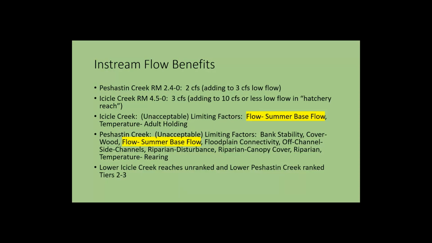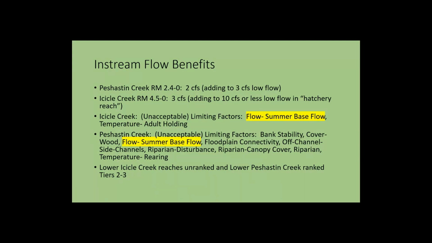One thing that is interesting to us, and I think it's a quirk in the prioritization strategy, is that currently the lower Icicle reaches are unranked, and the lower Peshastin ones are ranked tiers 2 to 3.